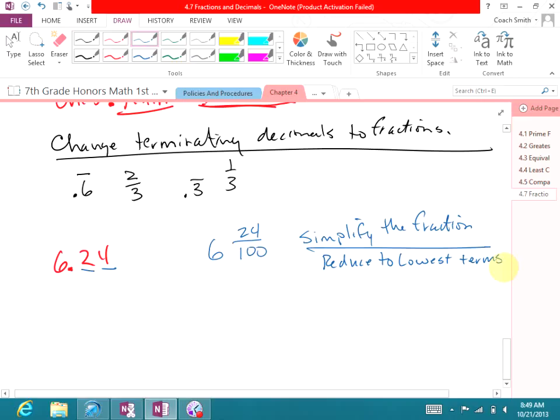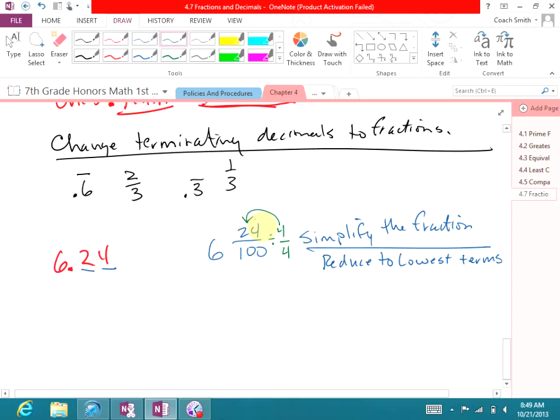So, what can I divide into 24 and 100? What common factor is there? 3? 4? 2? So is there one higher than 2? 3? 3 goes into 100? 3 goes into 100 33 and a third times. 4. You divide by 4 to the top and bottom.